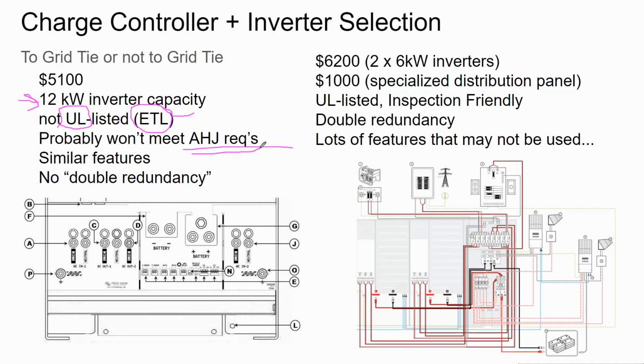Your AHJ may say, oh well, we still are going to consider that to be a grid-connected solar array, even if it's a one-way inverter. And there's also no double redundancy, whereas if something goes wrong in, say, the AC output of the inverter block, then you might have a power down for the whole system.